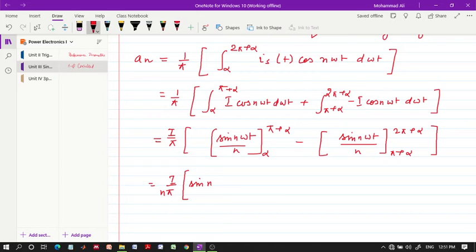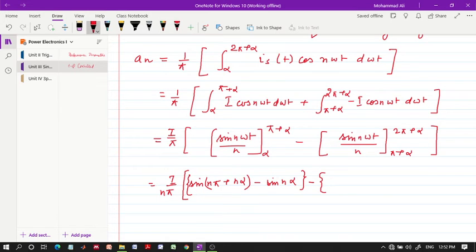N times of pi plus n alpha minus sine of, because I am putting pi plus alpha in place of omega t. So this will become one part minus, and I have taken this n outside.